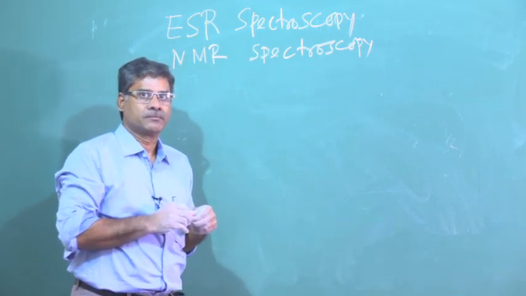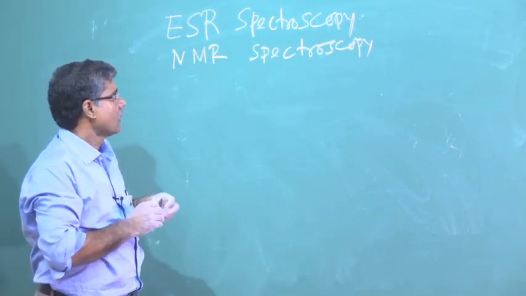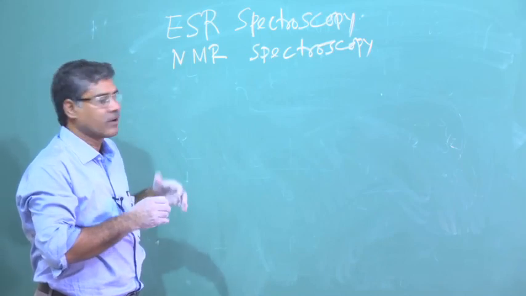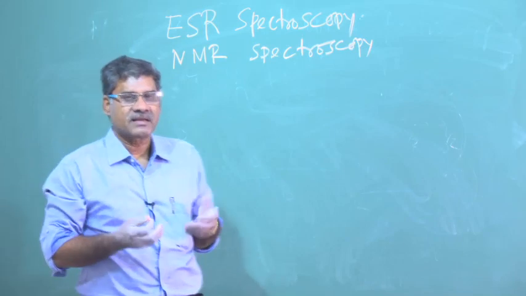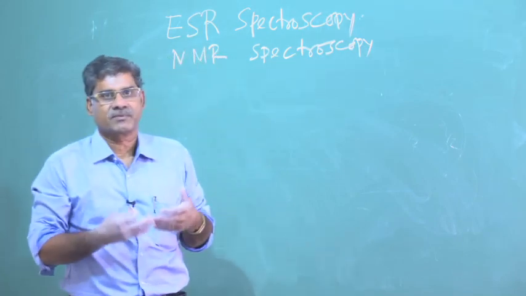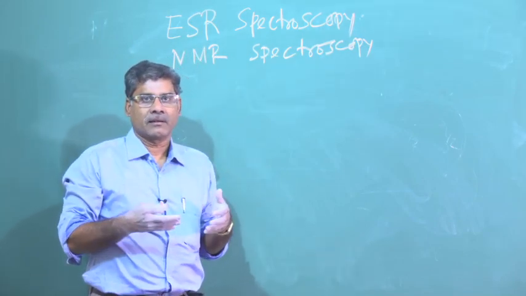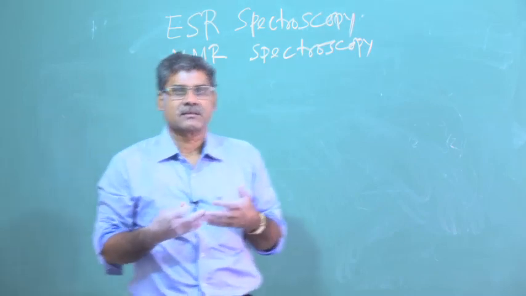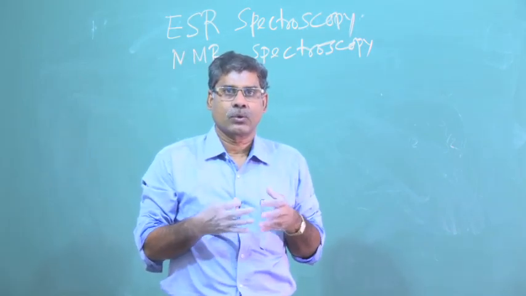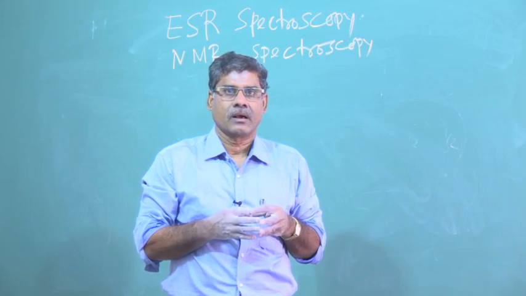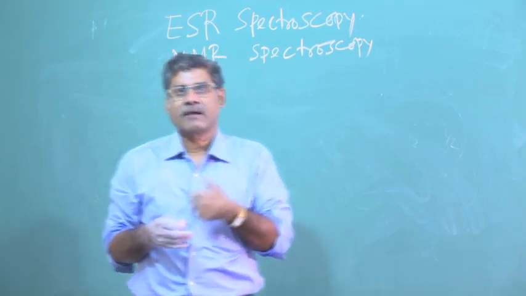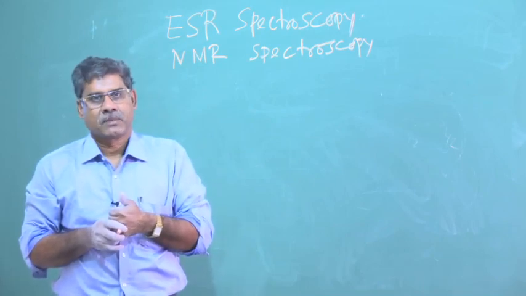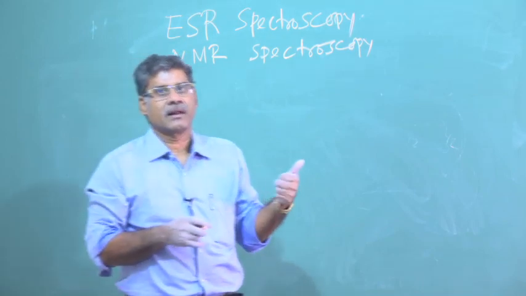And for explaining the hyperfine structure, one has to consider the nuclear spin. Nucleus is having proton and neutron. Proton also has spin half, neutron also has spin half. Okay. Similar to electron, which has spin half.